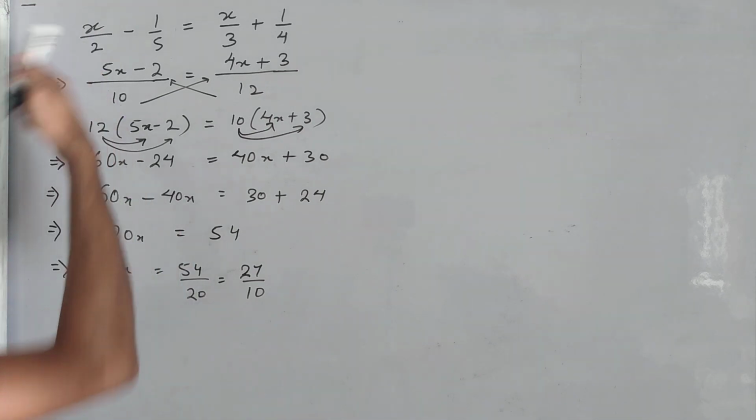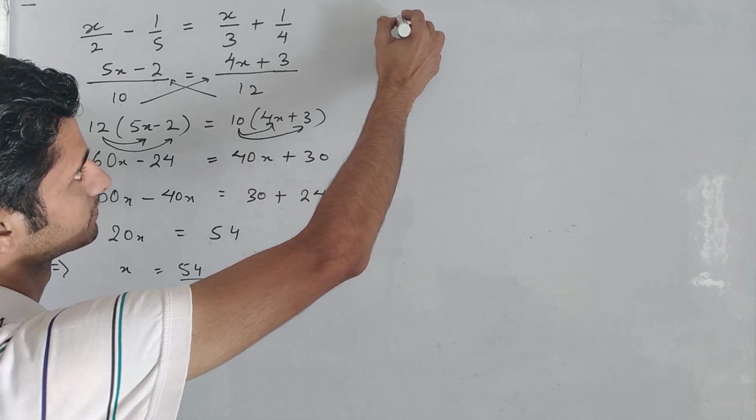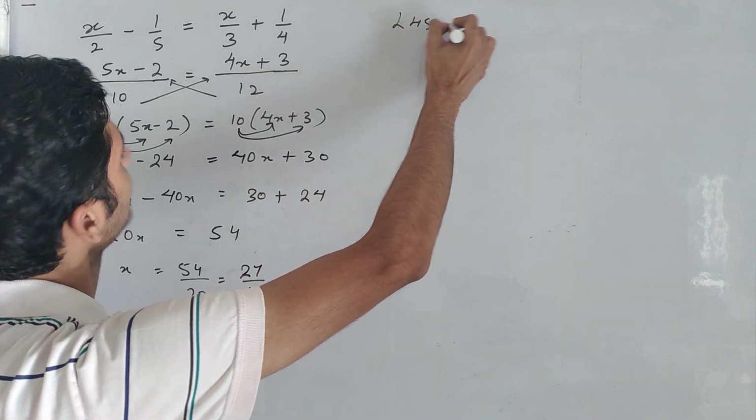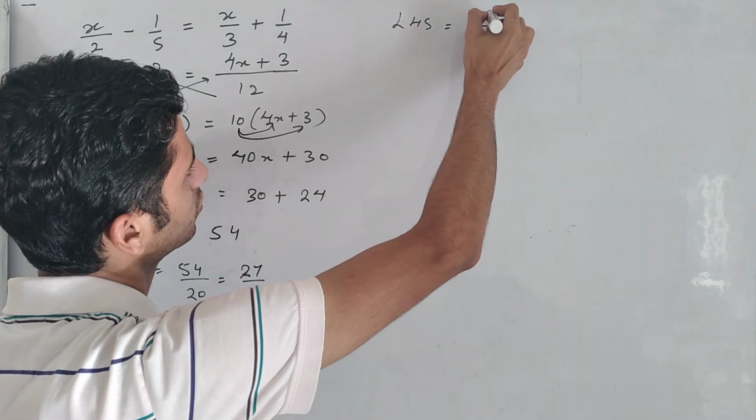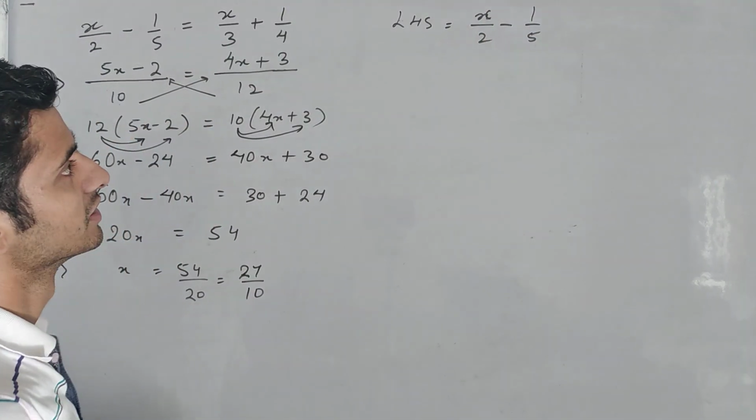Let us insert this value over here. Left hand side is x upon 2 minus 1 upon 5.